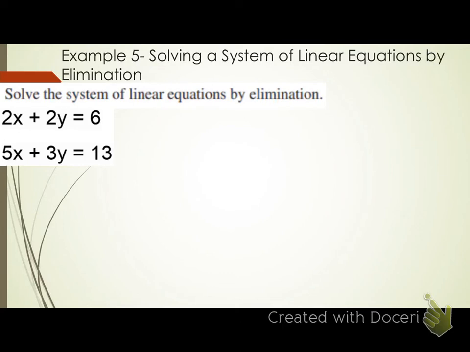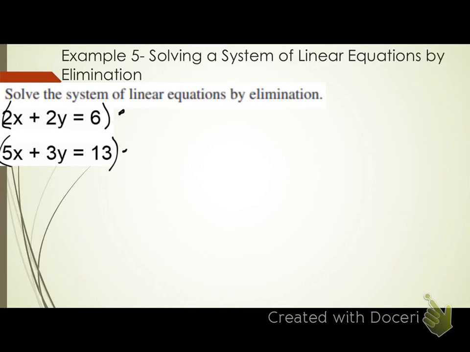3 and 2? So which variable are we eliminating if we're doing that? Y. Remember, one of them does have to be negative, so I can get opposite signs. So what am I multiplying the top by? What'd you say?